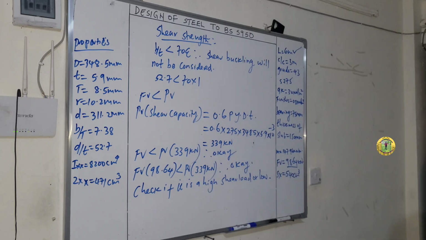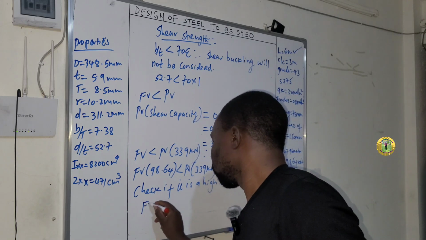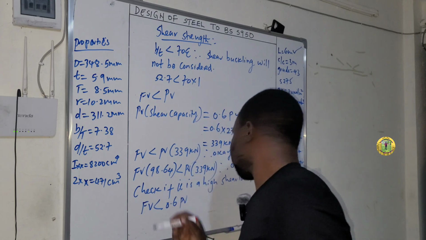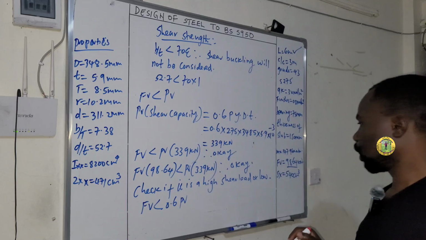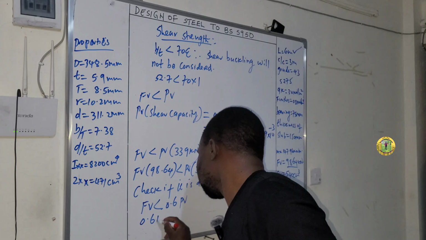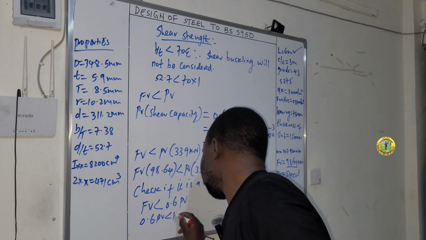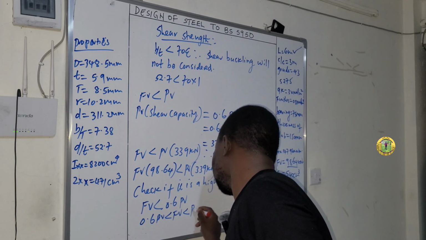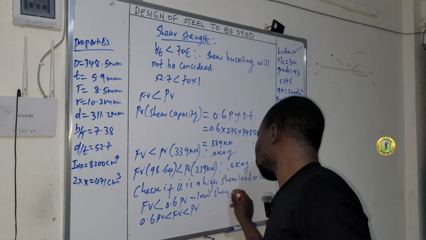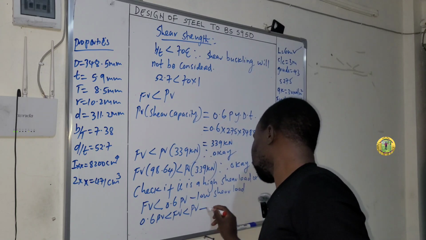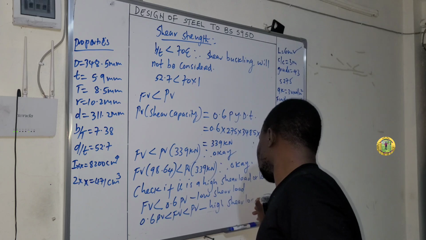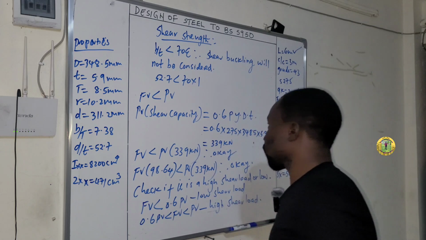We know that for a low shear load, Fv is less than 0.6 Pv, and for a high shear load, 0.6 Pv is less than Fv, and Fv is less than Pv. So this is for a low shear load, and this is a high shear load, like that.